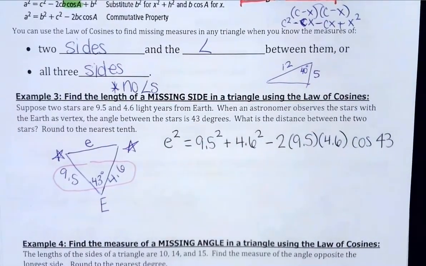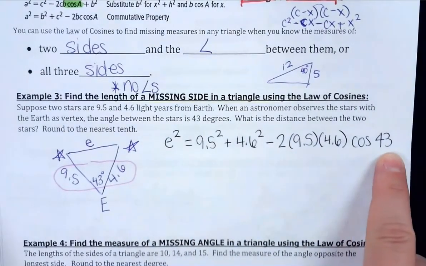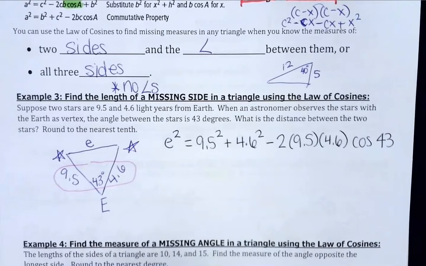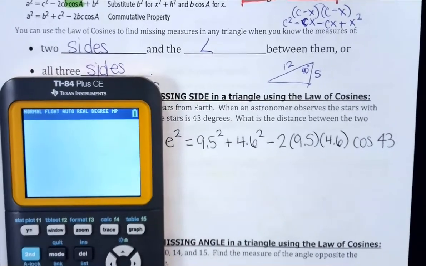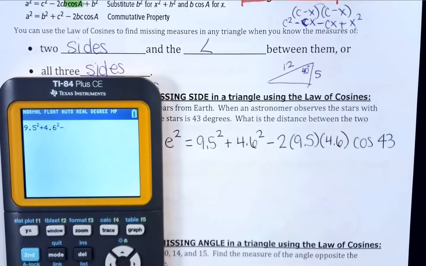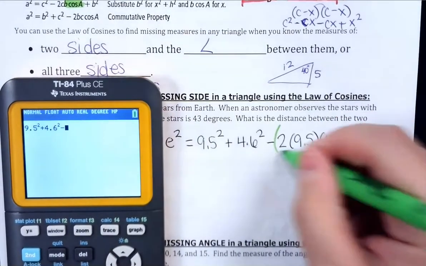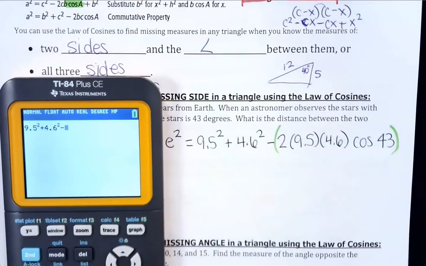Now, if you're finding a side, you can literally type this entire thing into the calculator. So I'm just going to grab my calculator here real quick. I'm doing 9.5 squared, plus 4.6 squared, minus. Just for my own purposes, I always put this part in parentheses because I'm going to subtract that whole thing.